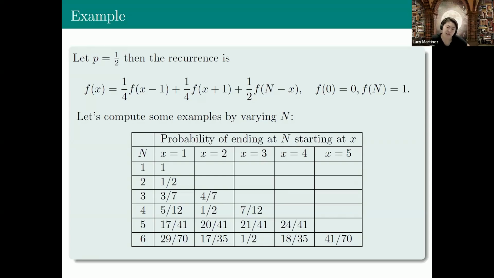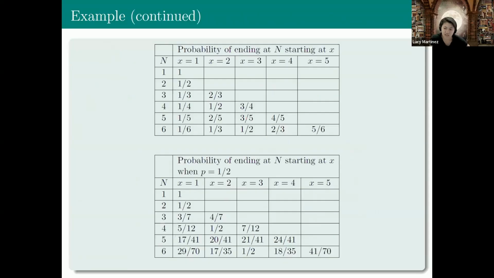And so let's bring back a table with the probabilities of the classical Gambler's Ruin game and just look at it for a minute. So on the top, again, we have a table for the probability of ending on n starting at x for the classical game. And then in the bottom, we have the symmetric case for when p equal to 1/2.